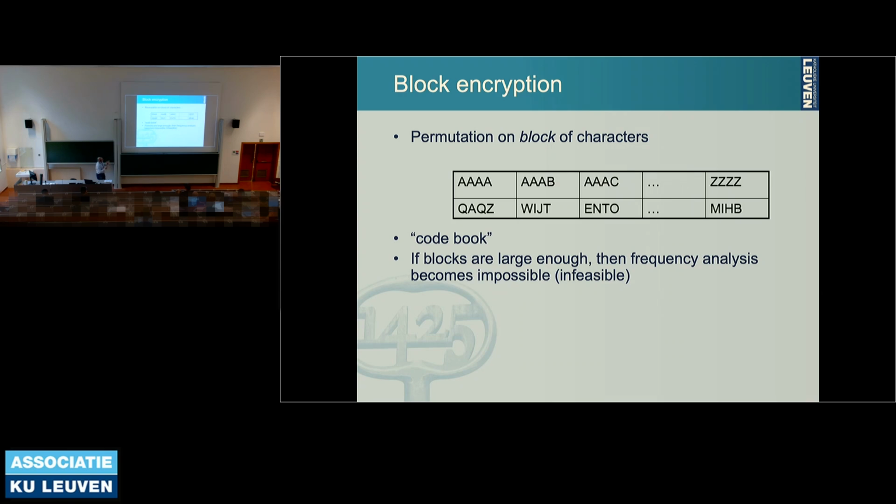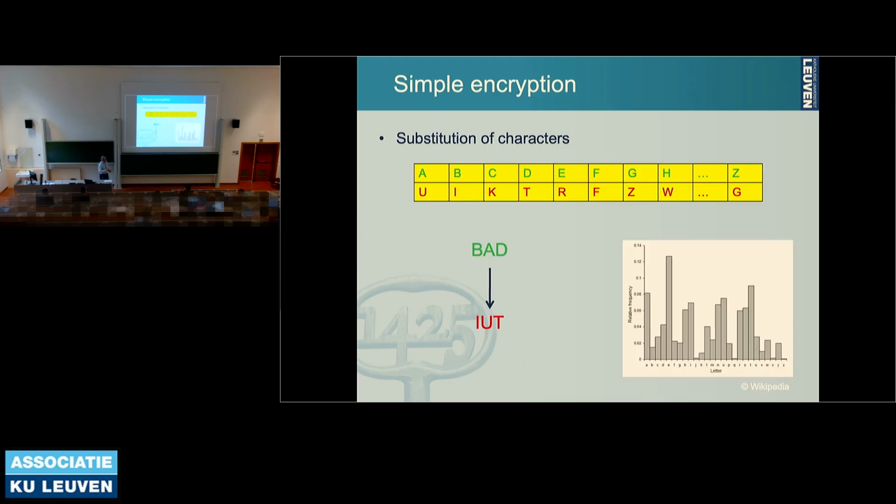If you make your blocks large enough, then this becomes secure, because you make the frequency analysis infeasible to do, because your number of bins starts to grow. Also, the most frequently occurring characters are now spread over many different blocks, because this E that occurs all the time in English occurs now in many different blocks, and so the peaks of the distribution are now spread out over many different blocks.